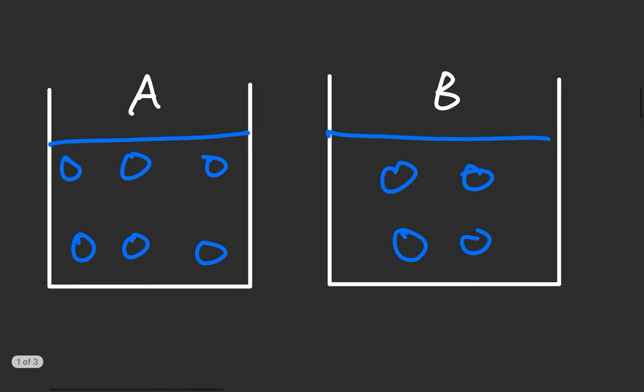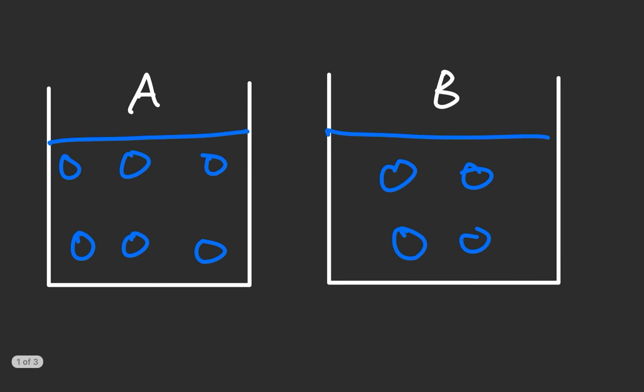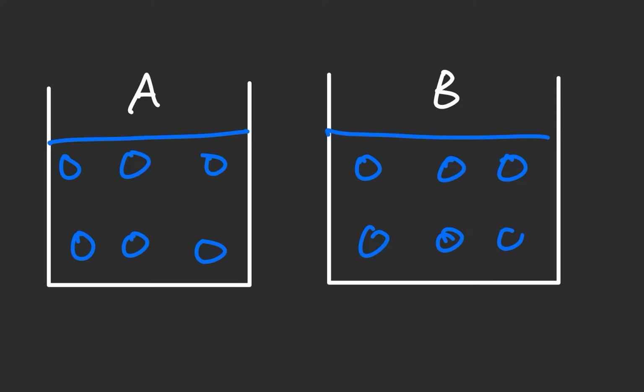So what are some factors that affect the water potential of solutions? Let's say I have solution A and solution B here. Now we can clearly see that solution A has more water molecules than solution B at a given volume. So therefore we can say that solution A has a higher water potential than solution B. Now let's say I make solution B and solution A have the same number of water molecules in a given volume.